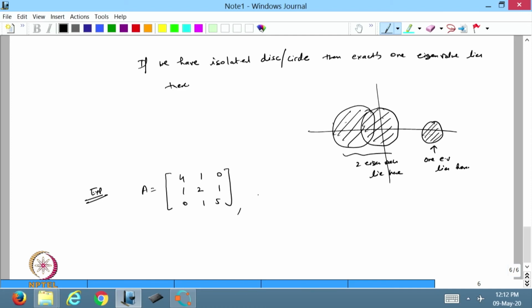Then the question is: estimate the eigenvalues of the matrix using Gershgorin's bound.